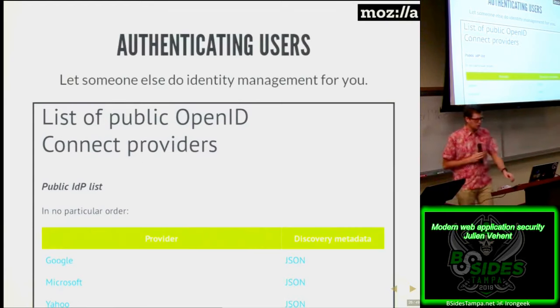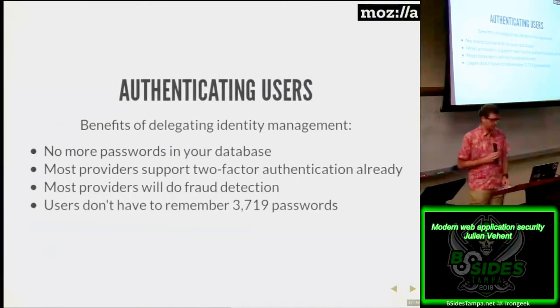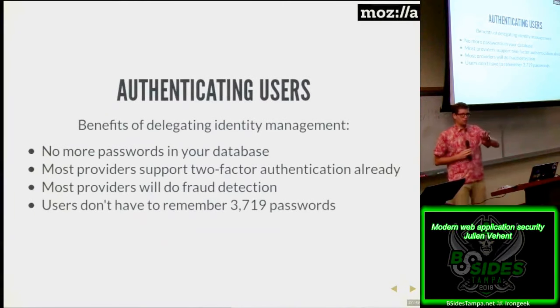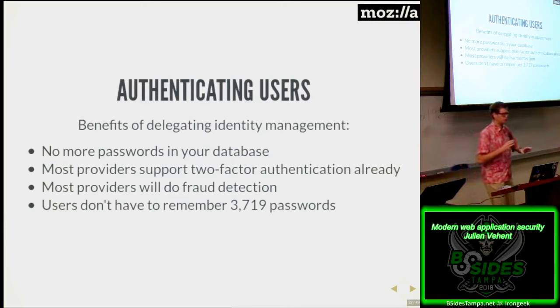And what is really, really good about using those is that, first of all, for you, you don't have to store passwords anymore. You don't have to spend a whole week figuring out which hash function and which size of salt is best suited to that new 2018 Node.js application you're building. Just connect to an identity provider and you won't have any password in your database.